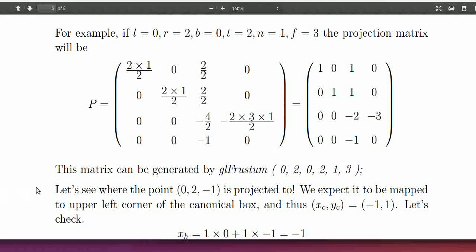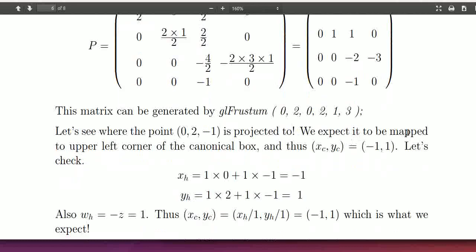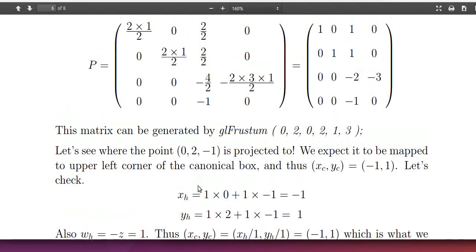Now, let's see where the point 0, 2, negative 1 is projected to. We expect it to be mapped to the upper left corner of the canonical box. So that means xc, yc equals negative 1, 1. Let's check. To find xh, we use this row 1, 0, 1, 0.